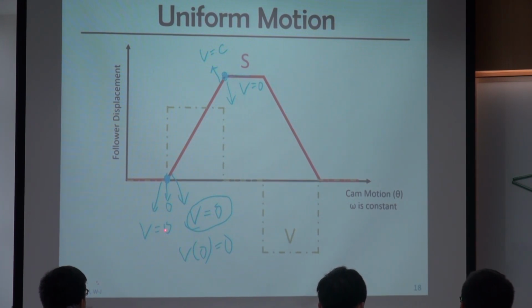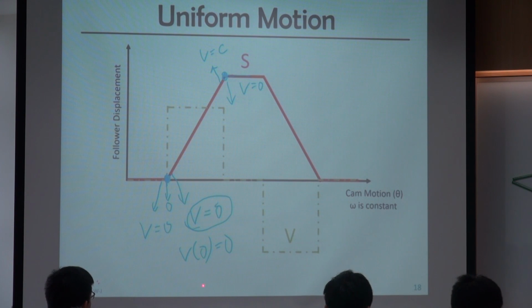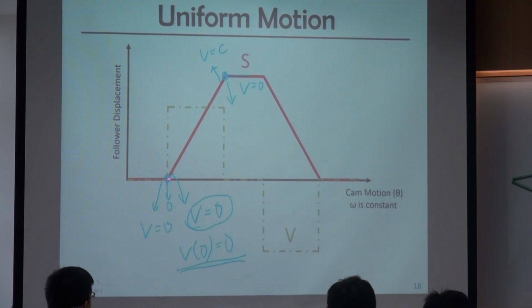Then it will be continuous from the previous section, because for the first section, velocity is 0. So we need to make sure the initial point for this connecting curve, the velocity is also 0, to prevent a sudden jump at this point.